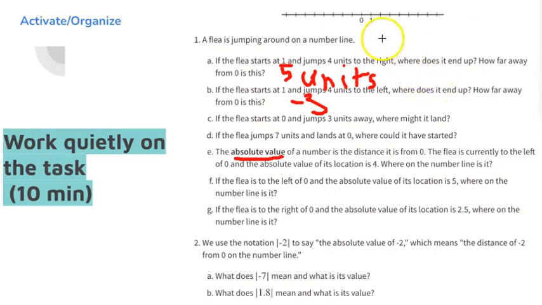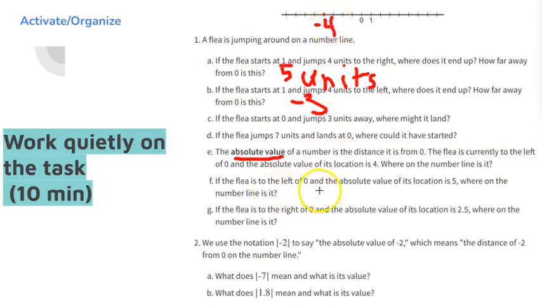But it says that it is to the left of 0, and the absolute value is 4. So where is it? Well, 1, 2, 3, 4 units. It's at -4, right? I know this because it said it was to the left, and it went 4 units. And that ends up putting us at -4.